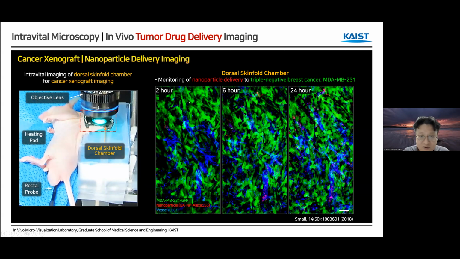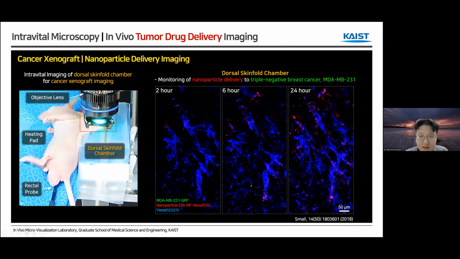And here, the green color is the triple negative breast cancer cell line, MDA-MB-231. This cell is implanted inside this dorsal skin fold chamber in this photo. And again, the tumor blood vessel is labeled by the injection of anti-CD31 antibody.